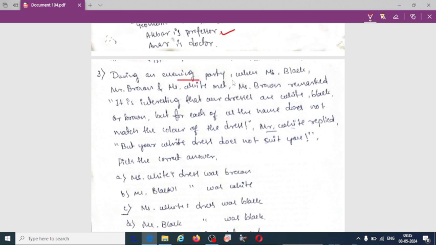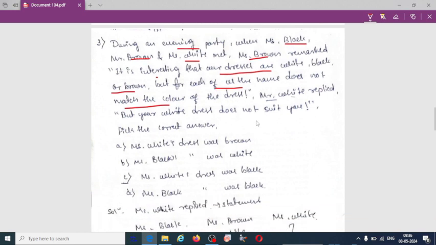During an evening party, when Miss Black, Mr. Brown, Mr. White met, Mr. Brown remarked, "It is interesting that our dresses are white, black, or brown, but for each of us, the name doesn't match the color of the dress." Here is a clear statement.